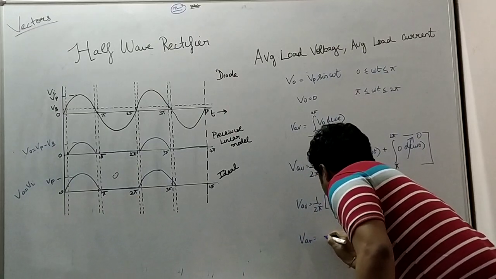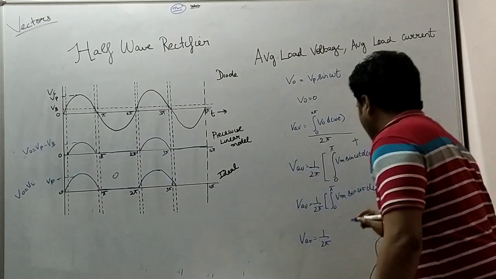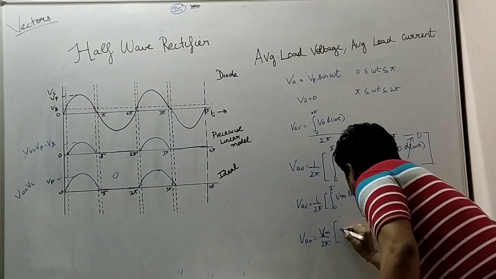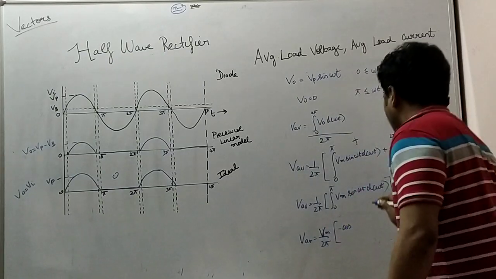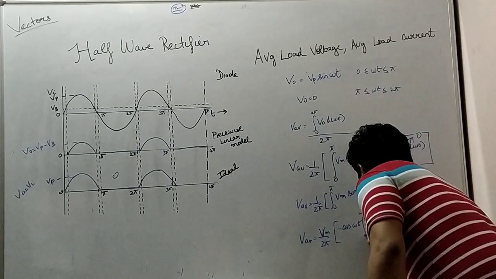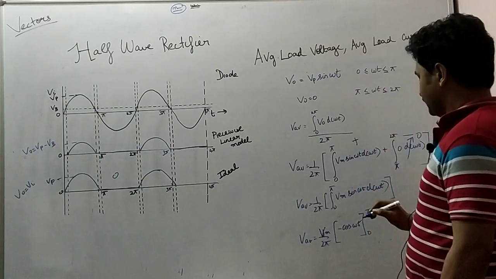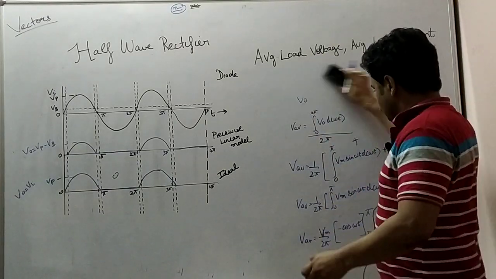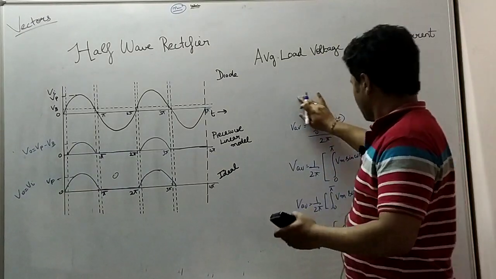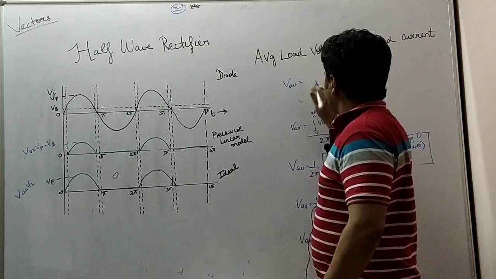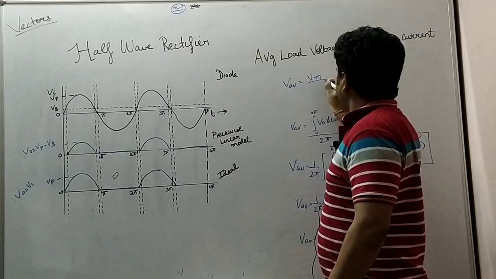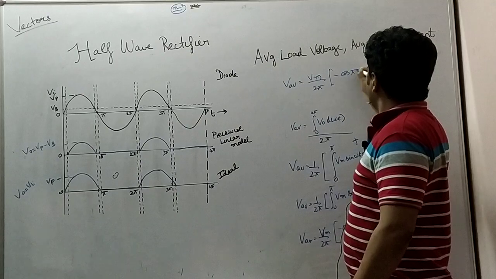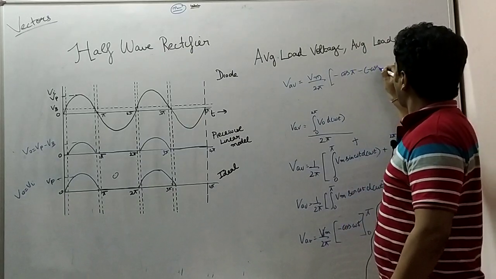V average will be, when you integrate this, 1 by 2 pi, you even take Vm outside, Vm by 2 pi, integrate this, you will get minus cos omega t with the limits 0 and pi. When you substitute the limits here, V average equal to Vm by 2 pi, minus cos pi minus of minus cos 0.